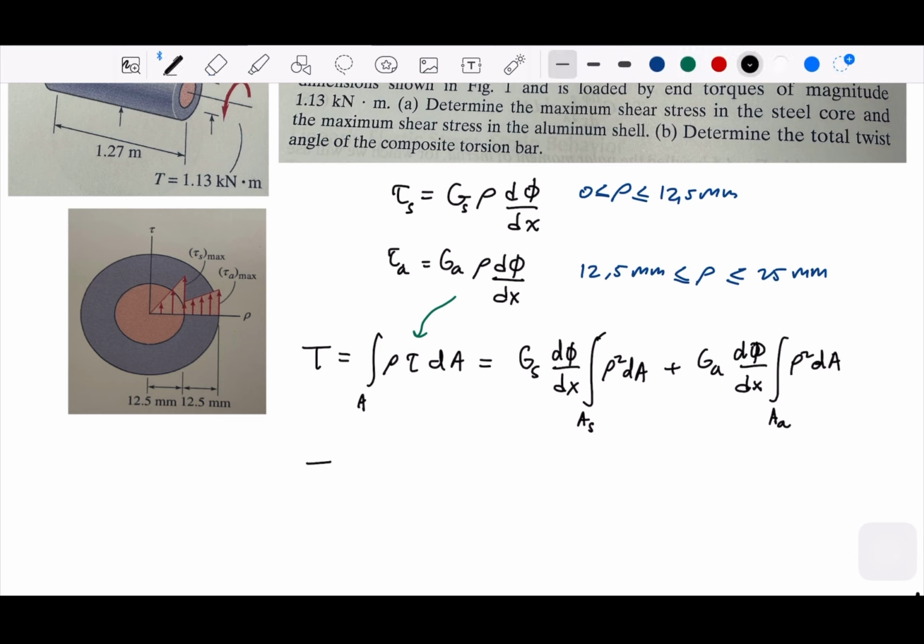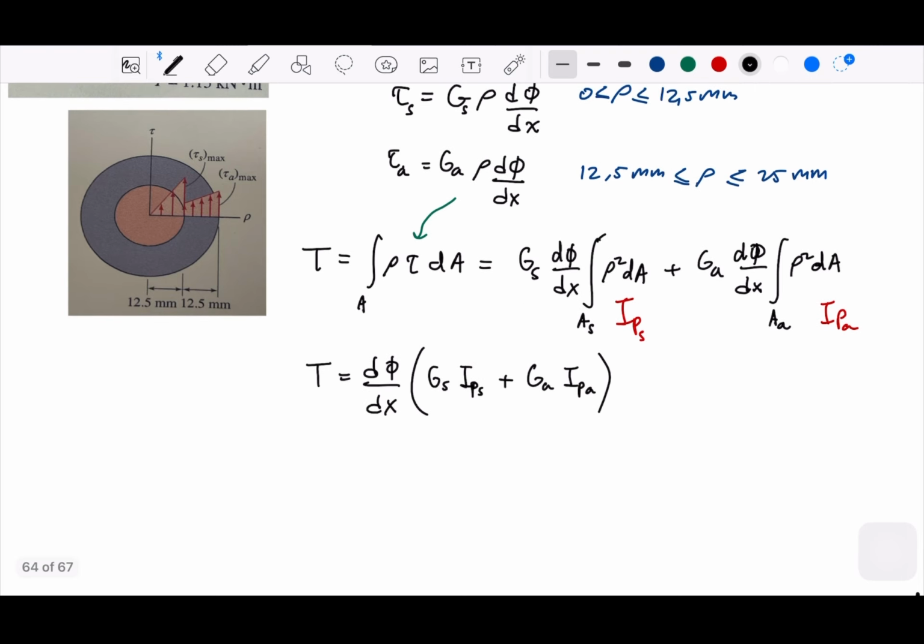And we get the torsion. And we know that this will be the inertia, right? The inertia for steel, and this is the inertia for aluminum. So first we can take the equations to find the twist rate.